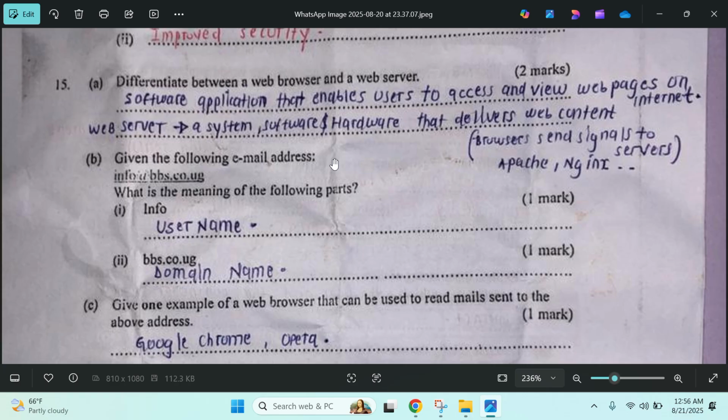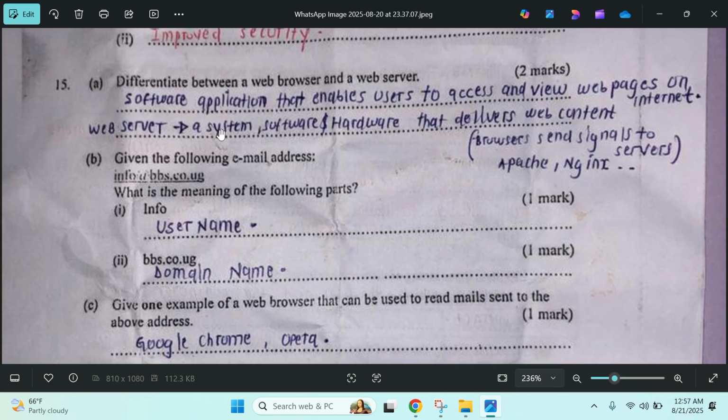That's what a web browser is going to do. It's going to allow you to access and view web pages on the net. That's the meaning of a web browser. Examples of a browser are Google Chrome, Opera Mini, Brave, Internet Explorer, etc.